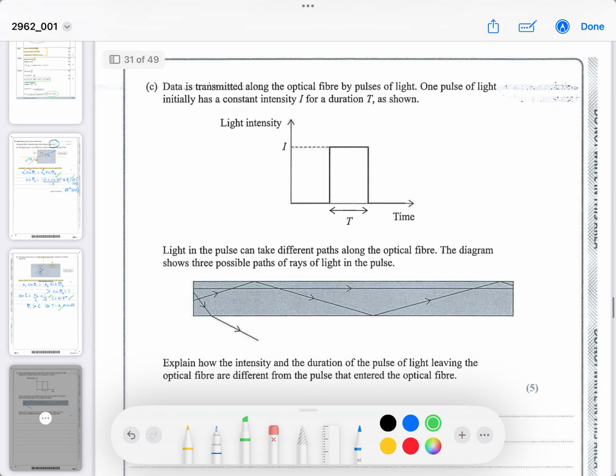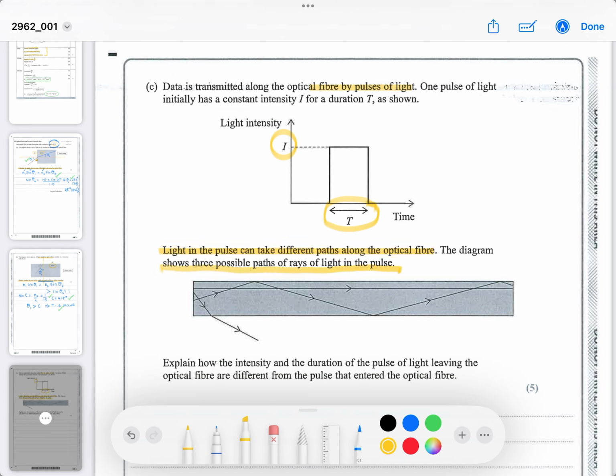All right, now this bit. It says data is transmitted along the optical fiber by pulses of light. I've shown you the pulse has a duration of time t, and the intensity is constant when it goes in. But the light in the pulse can take different paths along the optical fiber depending on the thickness of the fiber. The diagram shows 3 possible paths.